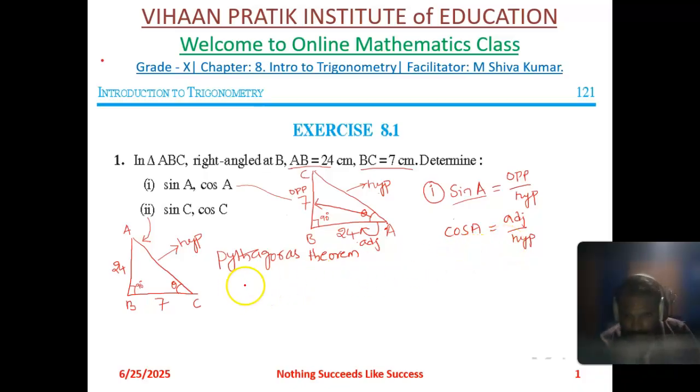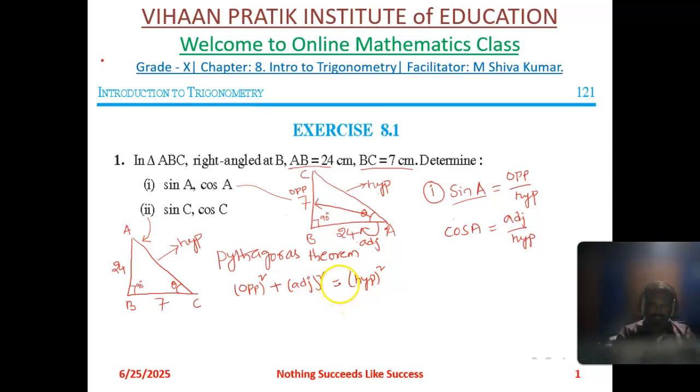So to find the hypotenuse, we use the Pythagoras theorem, which states that the sum of the squares of the two sides, opposite side square plus adjacent side square, is equal to hypotenuse square.